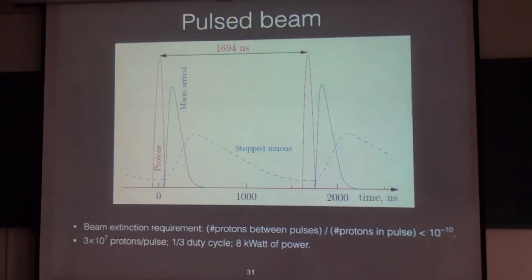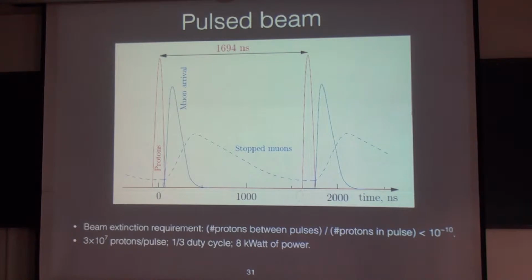Okay. So this is the time structure of the beam. The beam is a pulsed beam, and each microbunch is separated by about 700 nanoseconds. Each pulse is about 3 × 10⁷ protons.